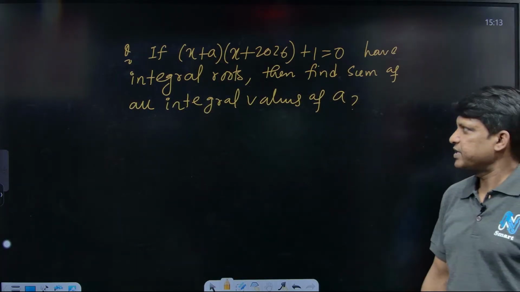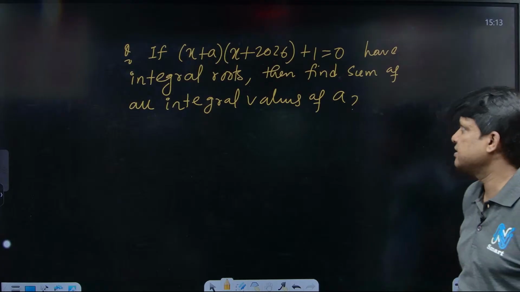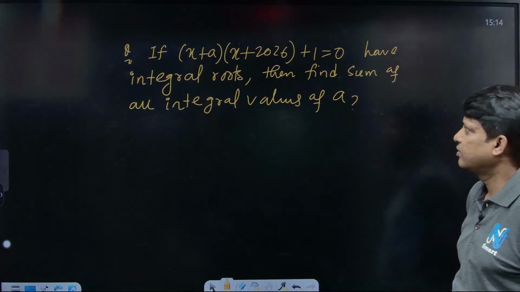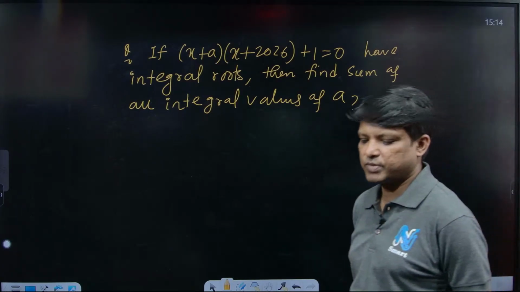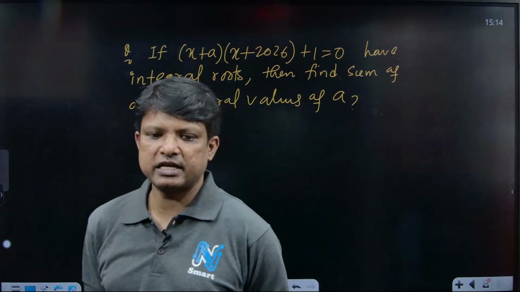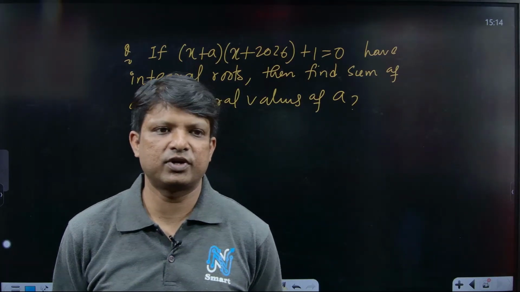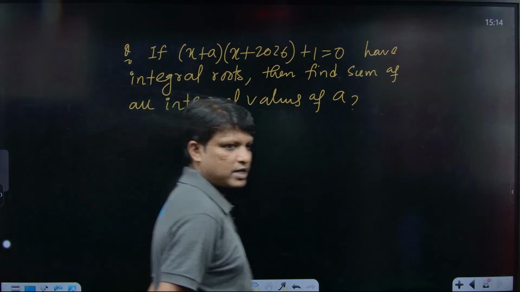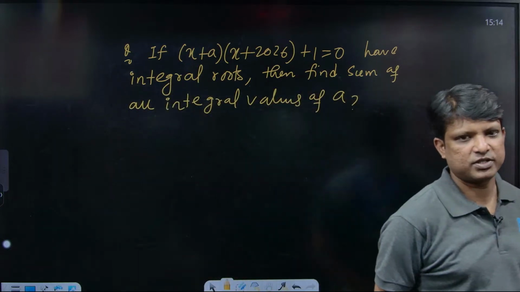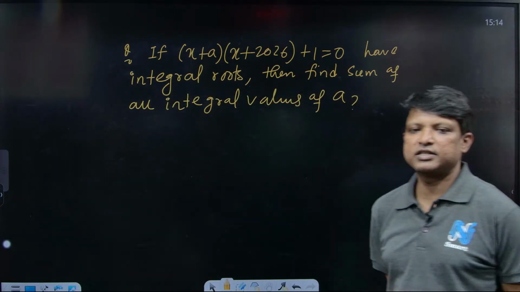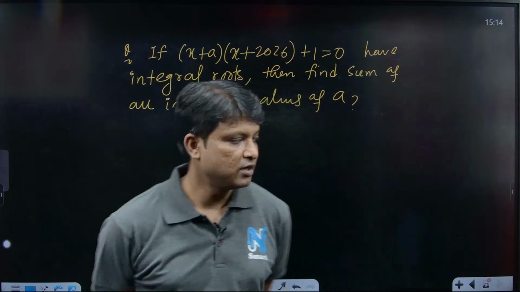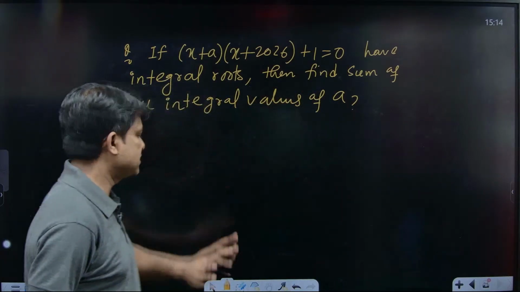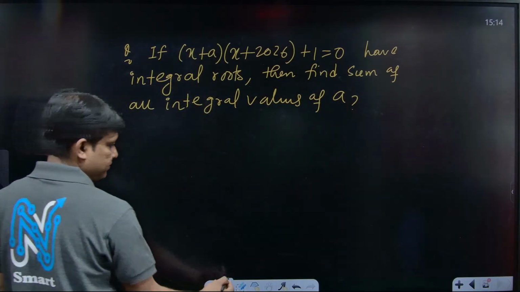We have integral roots and we have to find the integral values of a. We know the condition for integral roots: the x square coefficient is 1, b and c are integers and the discriminant is a perfect square, but we bypass this because it is very lengthy.